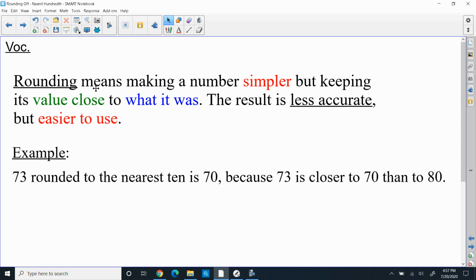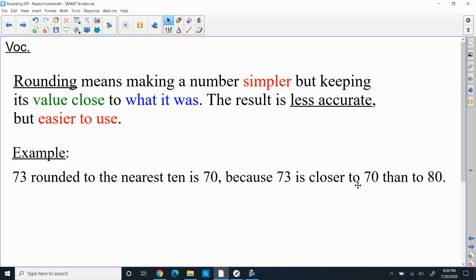I mentioned rounding off means making a number simpler, but keeping its value close to what it was, because that way we can use it and recognize it a lot easier. It's going to be less accurate, because it's a different number, but it's going to be easier to use when you're rounding. For example, 73 rounded to the nearest 10 is 70, because 73 is closer to 70 than it is to 80. 73 minus 70 is 3, so that's 3 points away from 70.